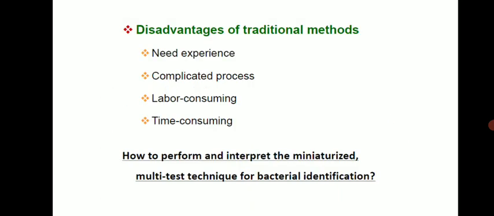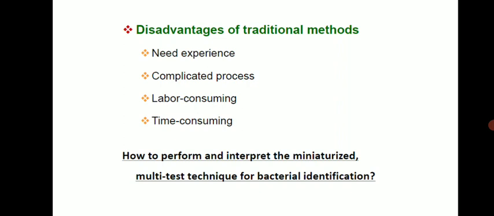Then there are some disadvantages related to traditional methods. They need experience and expertise. The processes are very complicated, they consume labor as well as time, and they require various expertise skills.